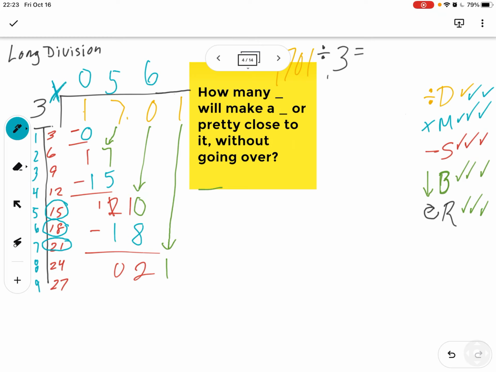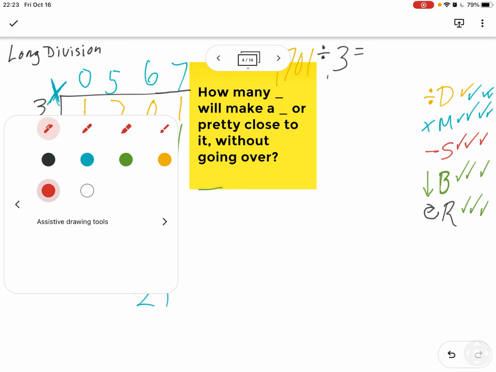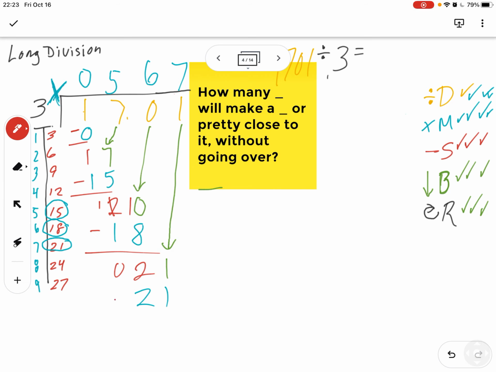If I do 3 times 7, that's my multiplication at the top, 3 times 7 equals 21. Place it on the bottom so that I am ready to subtract. I'm going to subtract 21 minus 21. That is 0. I'm done with my multiplication.